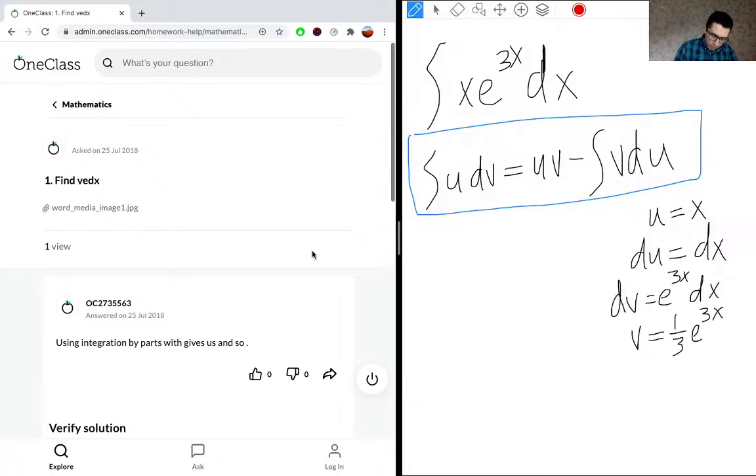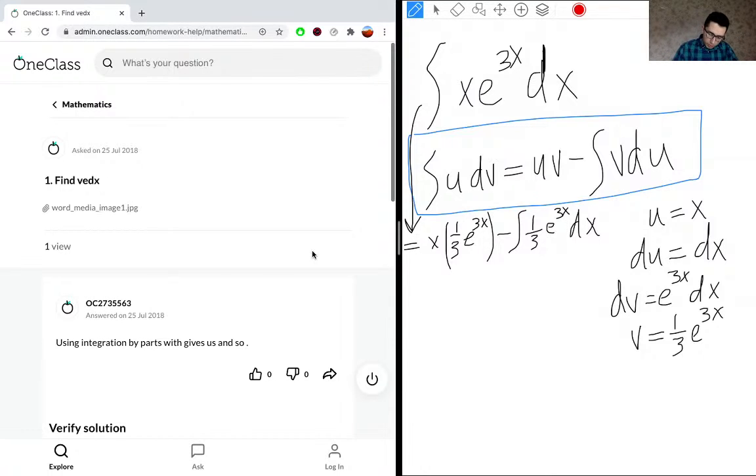Substituting these in, we get x times 1/3 e to the 3x. So this is u times v, minus the integral of v, which is 1/3 e to the 3x, times du, and du here is dx.